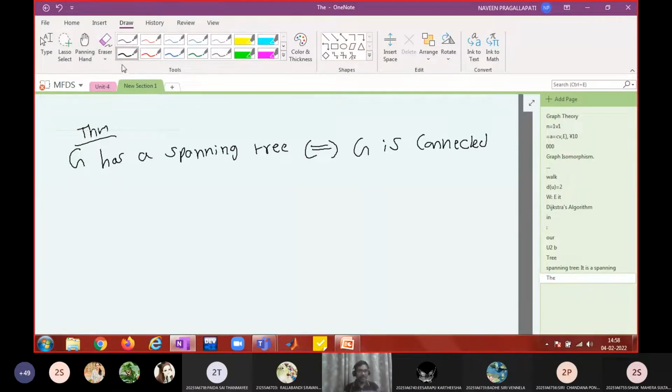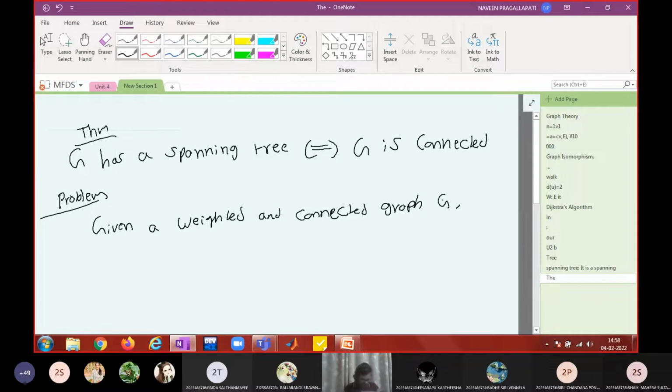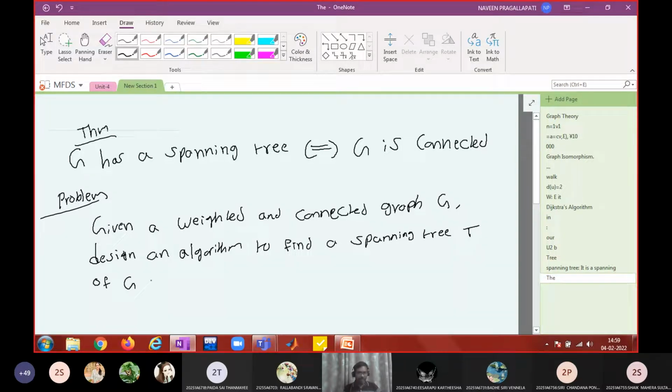Now what is our problem? Write down the graph theory problem. Given a weighted and connected graph G, design an algorithm to find a spanning tree T of G of minimum cost.